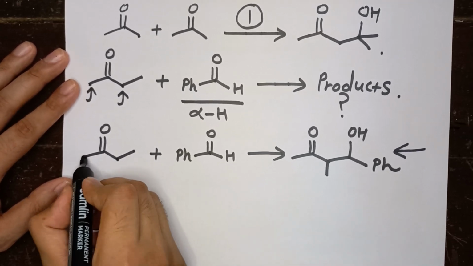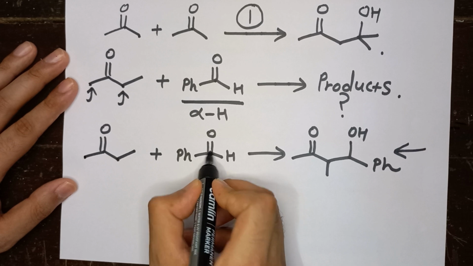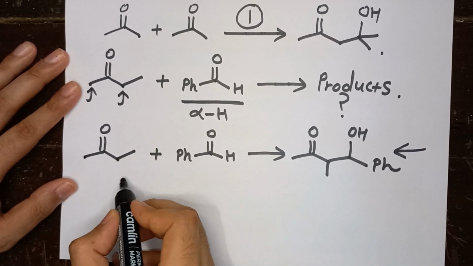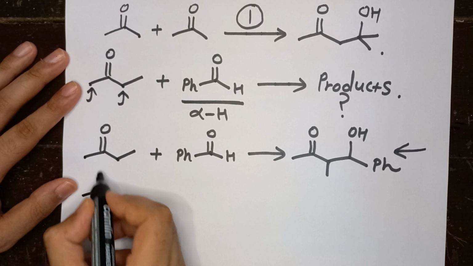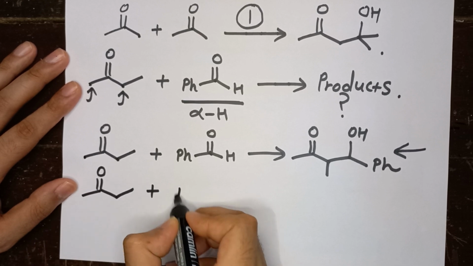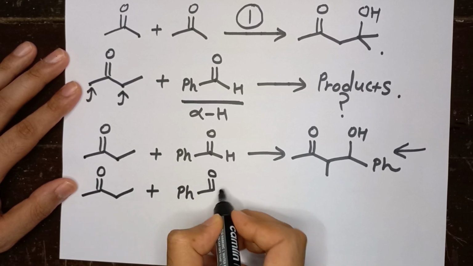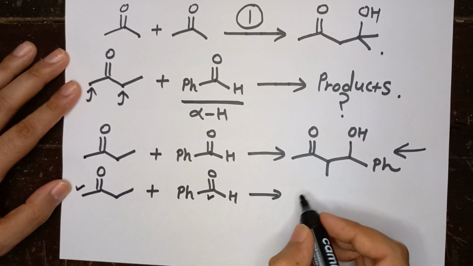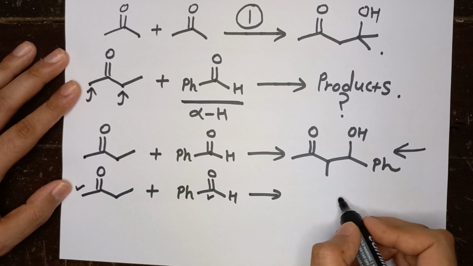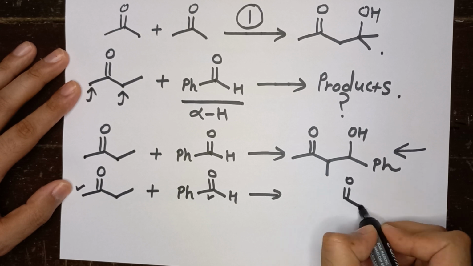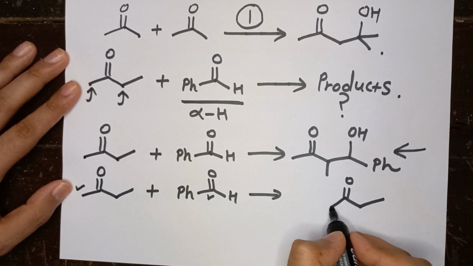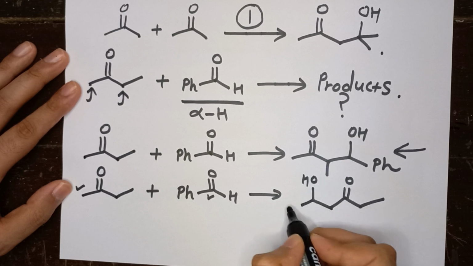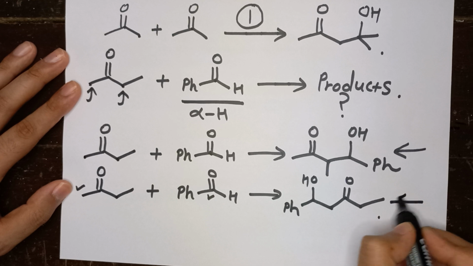Now let's connect this carbon with this carbon. Basically you have to connect your alpha carbons with the carbonyl carbon. So this time the product will be connecting this with this. So let me keep this part as it is. This carbon with the following carbon, convert this into OH, and this also contains Ph. So this is my second product.